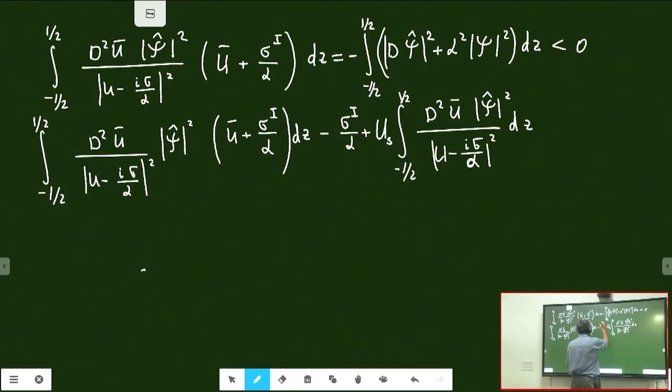For the time being, I just take this integral, which I know is 0, and multiply it by this combination. Sigma I is constant, alpha is constant, so this is a constant. And this is just another constant, which I have not decided on yet. So the whole bracket is constant. It is multiplied by 0, so it still does not change anything.